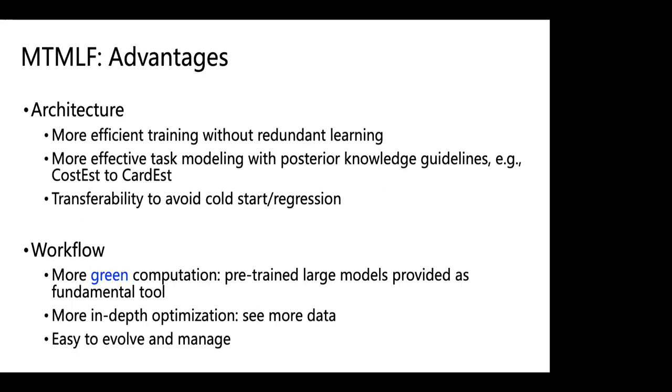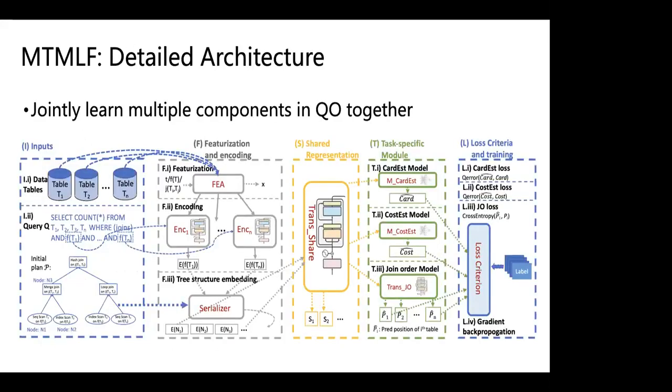Sometimes a task can be more effective with some prior knowledge guidelines. For example, we can use guidelines from the cost model to contribute to cardinality estimation. This workflow is also a great contribution because the pre-trained models could be provided as fundamental tools by services, and it's easier to evolve, manage, and optimize. This is the general architecture of the query optimizer, where we jointly learn multiple components together.